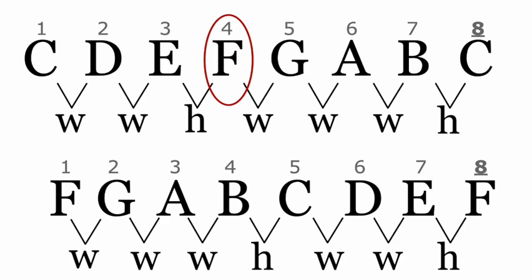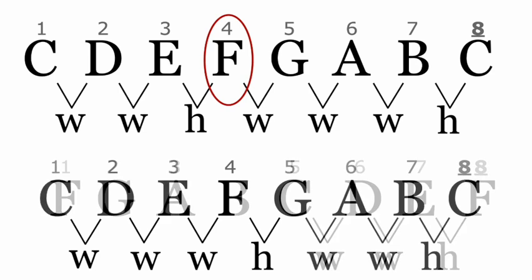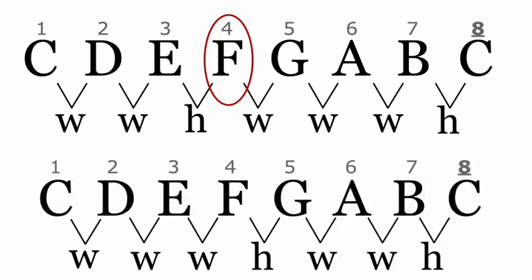But what I want to do is really talk about that fourth, because we talk so much about the raised fourth. In order to do that, I'm going to compare C Ionian to C Lydian. They're both major modes, so we can compare them directly one for one. When we look at it here, we clearly see the half step in Ionian at the top, and we have the whole step between E and F in Lydian at the bottom.